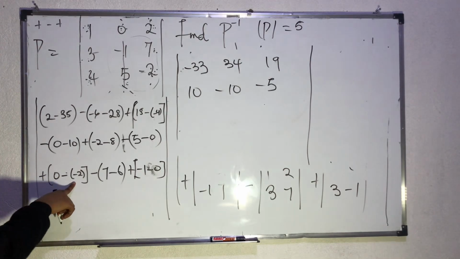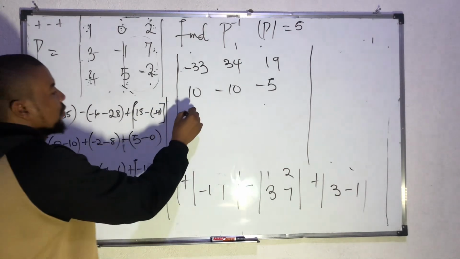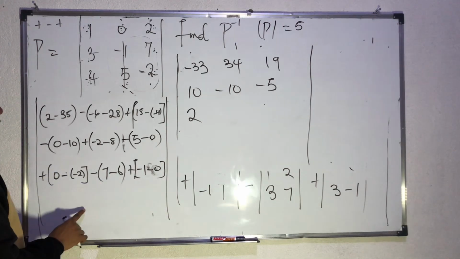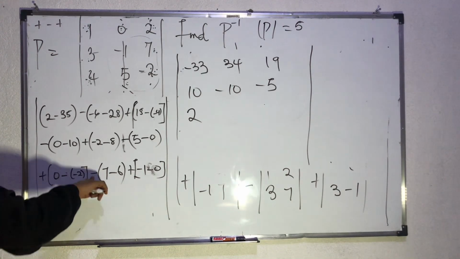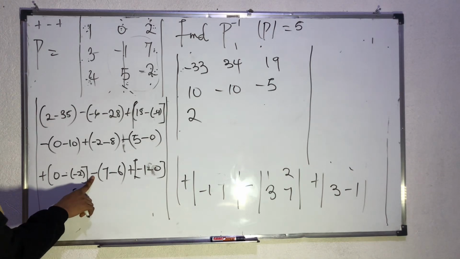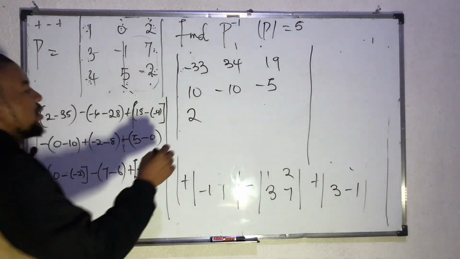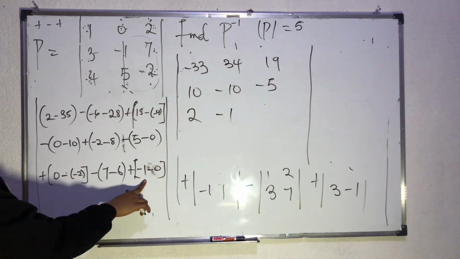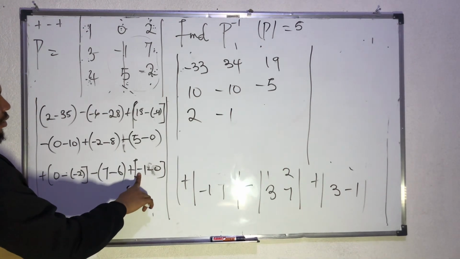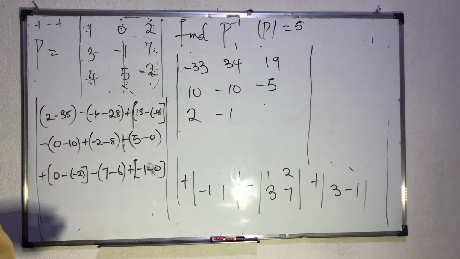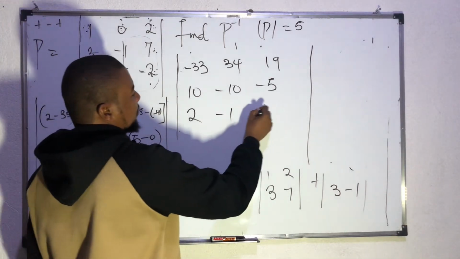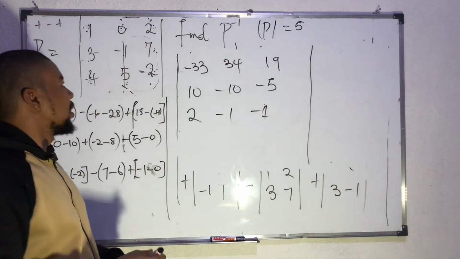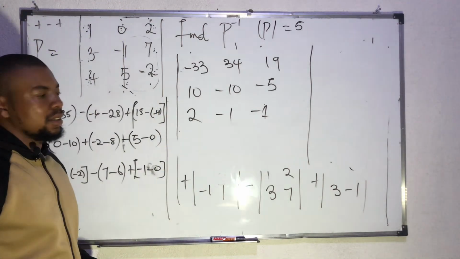Therefore, 0 plus 2 gives us a 2. 7 minus 6 is a 1. 1 multiplied by this negative sign outside of the bracket gives us a negative 1. And lastly, negative 1 minus 0 gives us a negative 1. These are the cofactors of our original matrix.